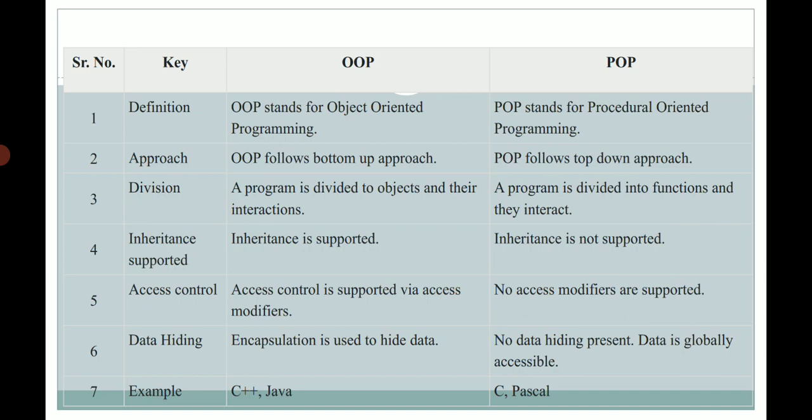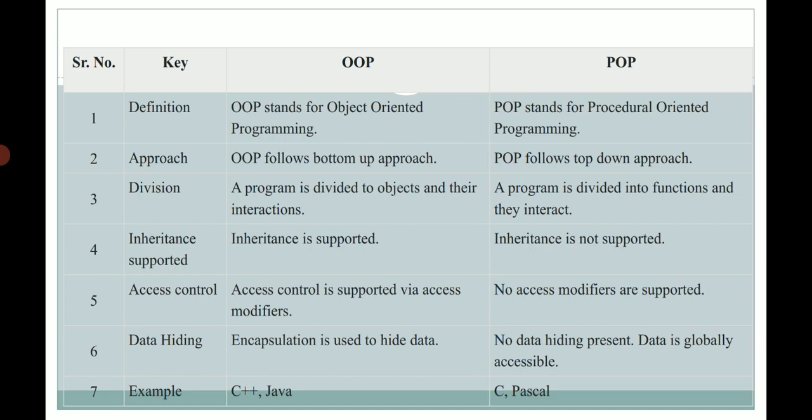Access modifiers define how the data members of a class can be accessed. Access modifiers are private, public and also protected. These are used only in the concept of object-oriented programming. In procedural-oriented programming, no access modifiers are supported.